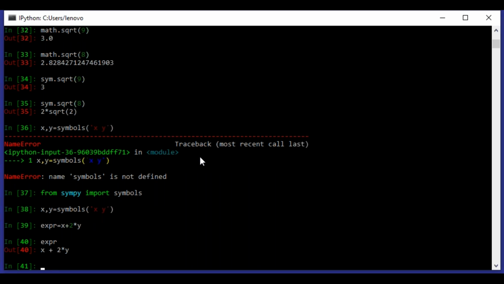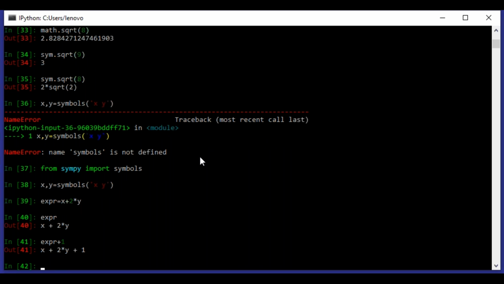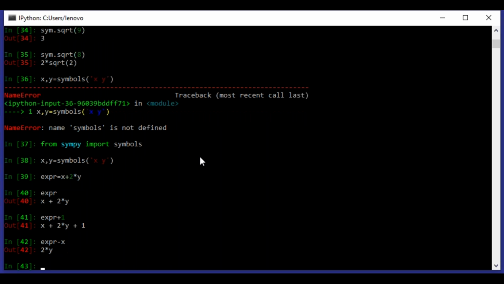Then I am doing expr plus 1, then it will give x plus 2y plus 1. Then expr minus x, that gives 2y. You can see what we are getting as output.